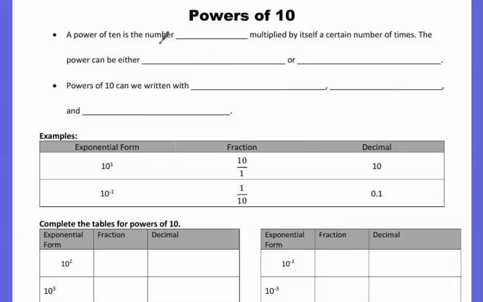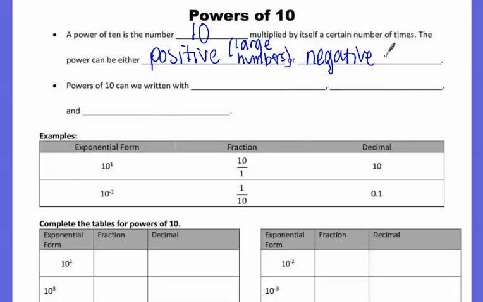Powers of 10. A power of 10 is a number 10 multiplied by itself a certain number of times. The power can either be positive, which is large numbers, or negative, which is a decimal.